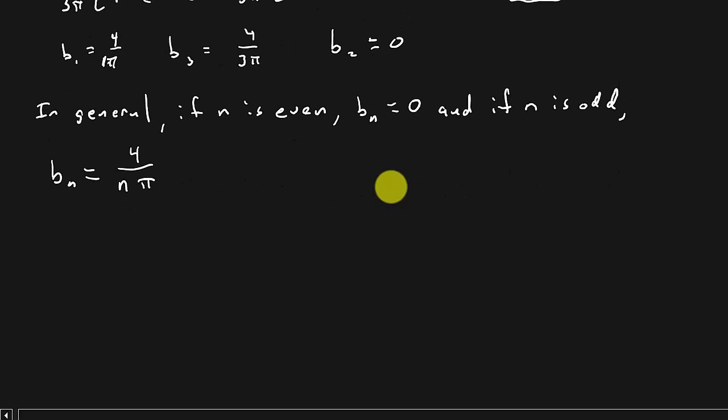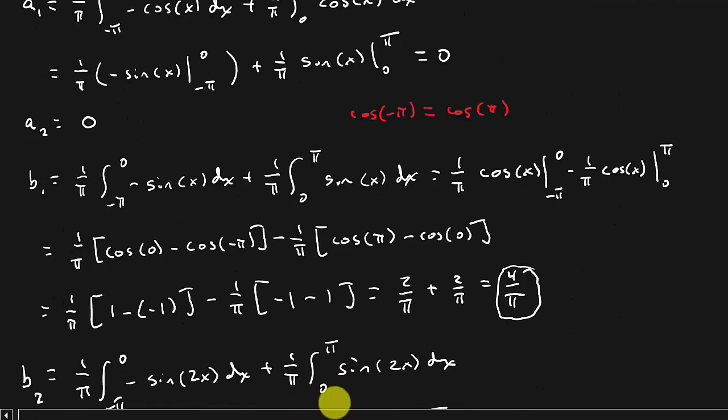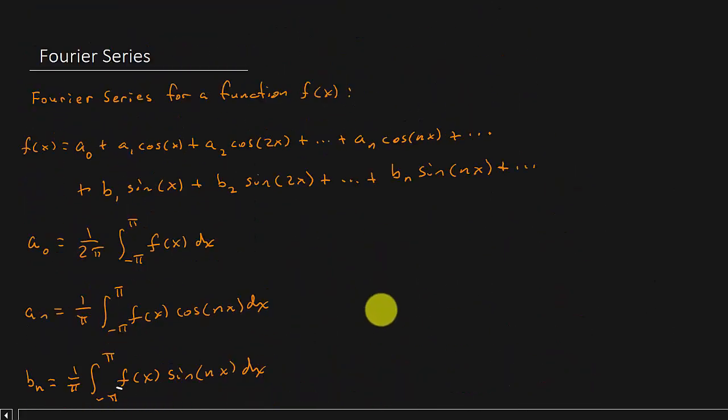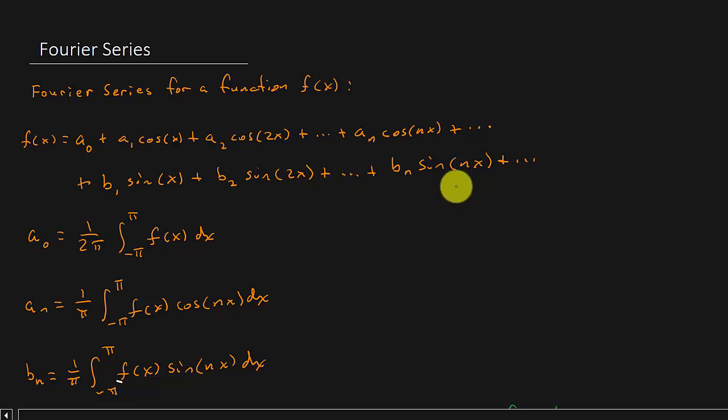And so we could actually say that f of x is equal to, now remember, a naught was 0, our constant was 0. So what we're going to do now is plug all of that in to this. All a1, a2 and all that was all 0. A naught was 0. So now I have to plug in my b terms.